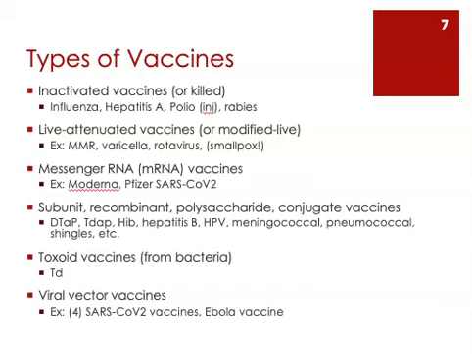Remember, these vaccines are based on a piece or a part of the causative agent. There's the DTaP vaccine, the Tdap vaccine. Those are two versions of the diphtheria, tetanus, pertussis vaccine.